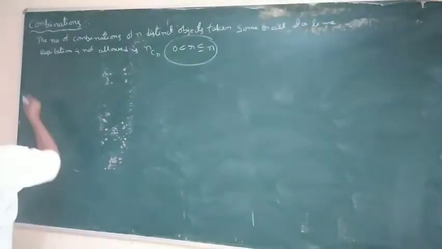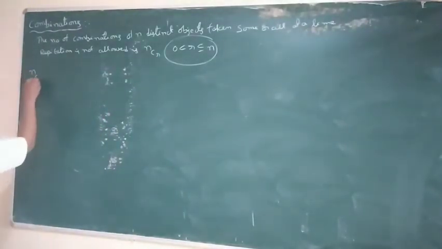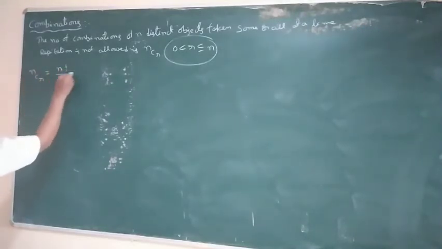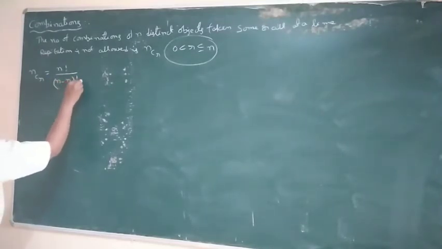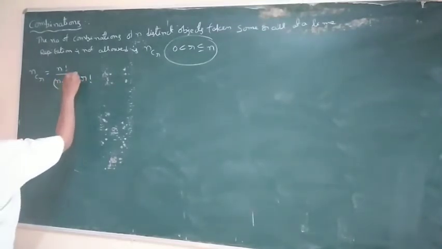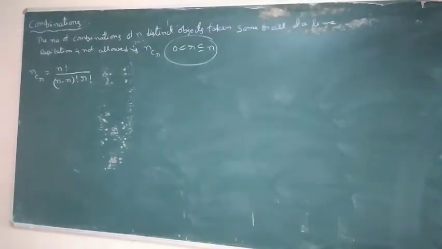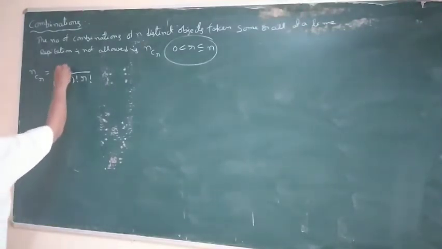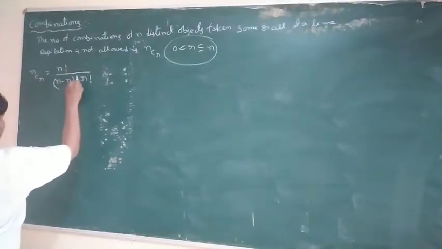So what is the formula of nCr? nCr is equal to n factorial by (n minus r) factorial into r factorial.